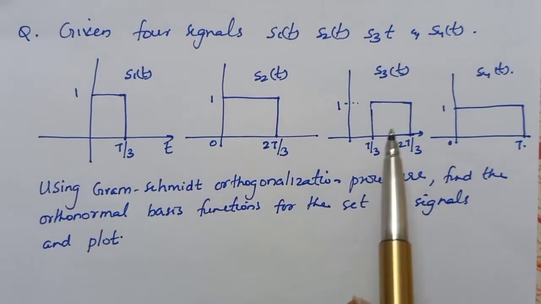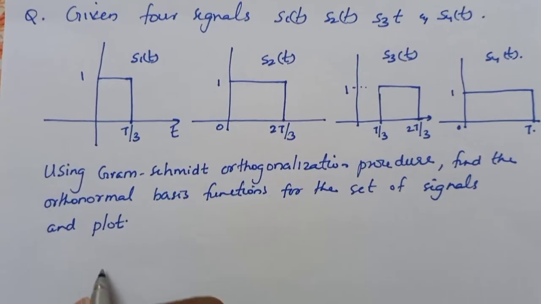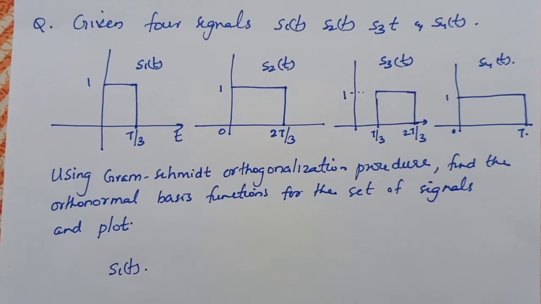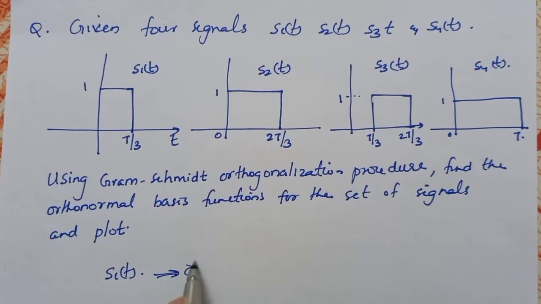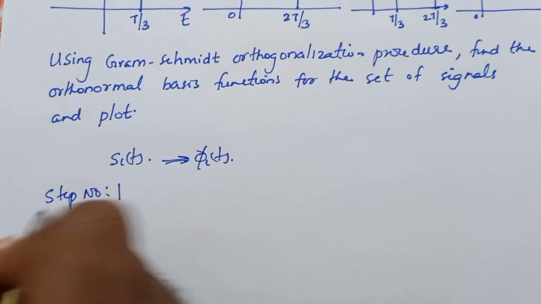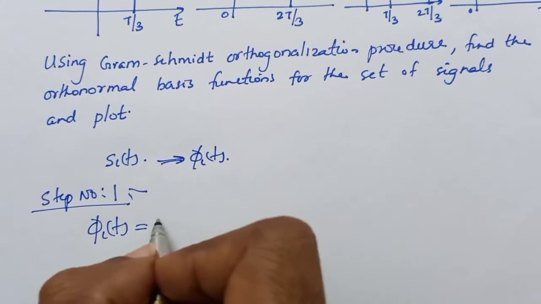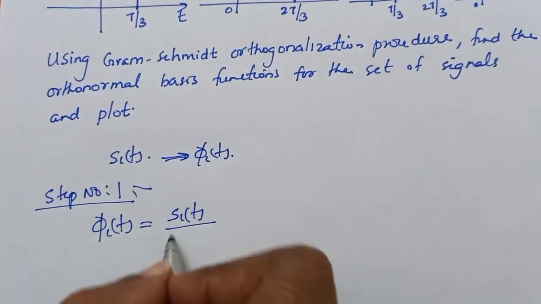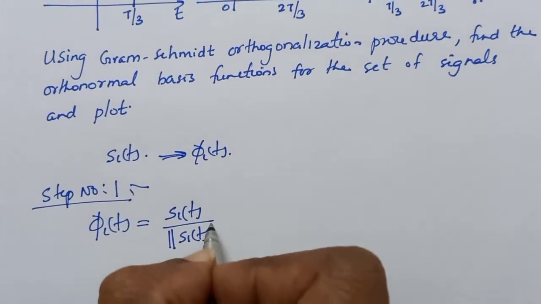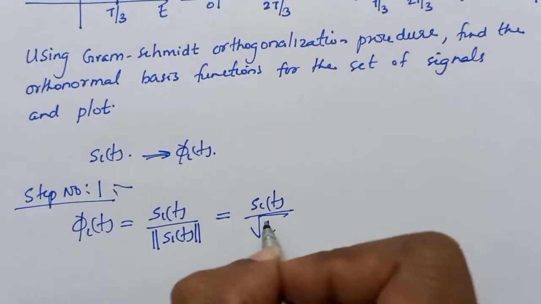So we have 4 signals. From the 4 signals, we will choose the first signal, say s1(t), and from s1(t) we will find φ1(t). What is step number 1? Step number 1 is φ1(t) equal to s1(t) divided by the norm of s1(t), which is s1(t) divided by root of E1.